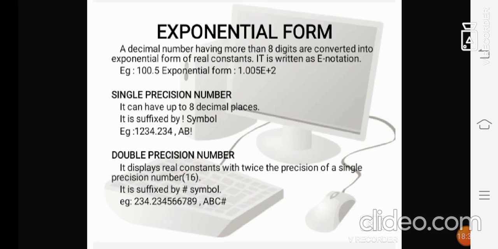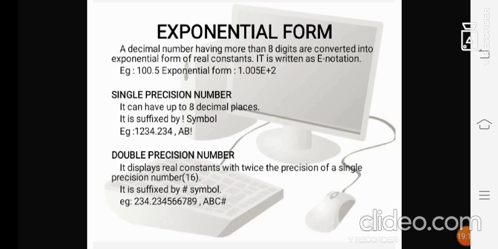Okay, and then examples like 100.5 exponential form and 1.00. These are the codes that we see in the exponential form. A single position number can have numbers up to 8 decimal places, and a single position variable is suffixed by a symbol. Example like 1234 and 265AB.